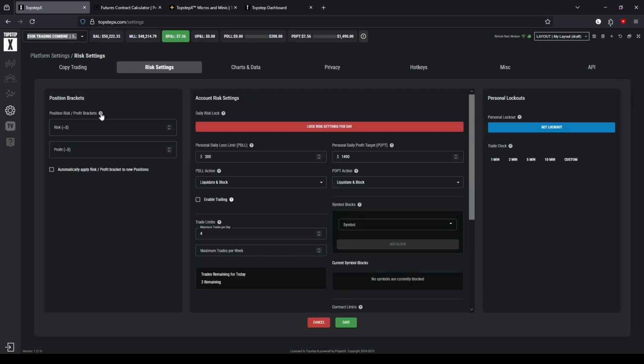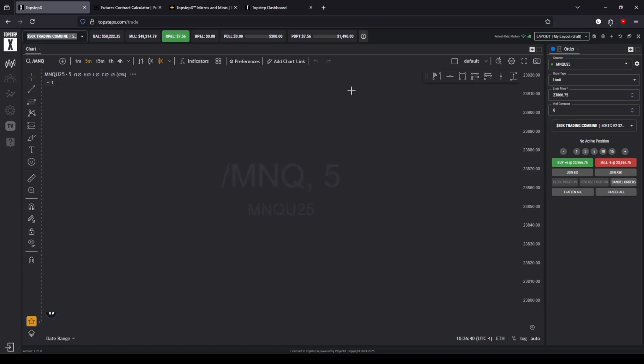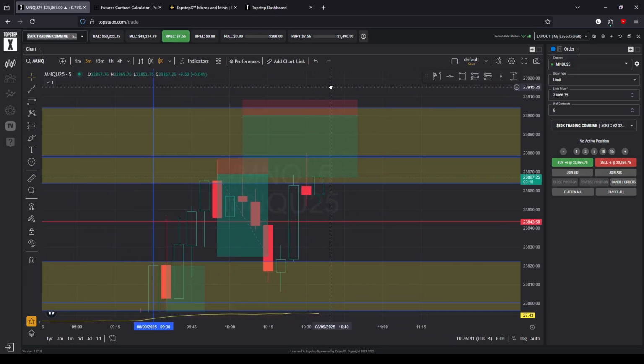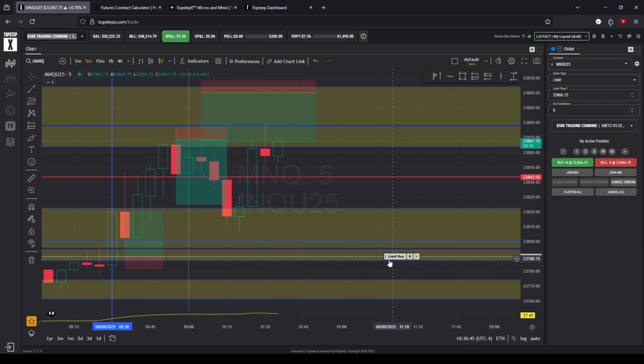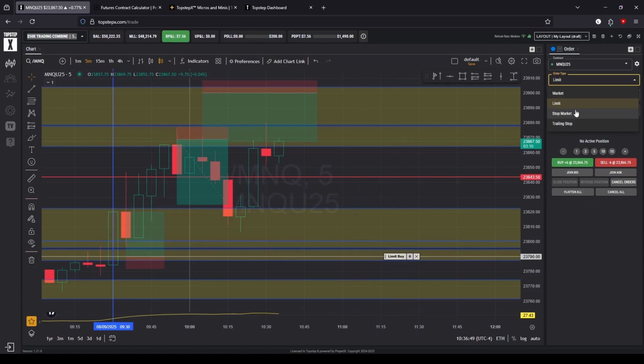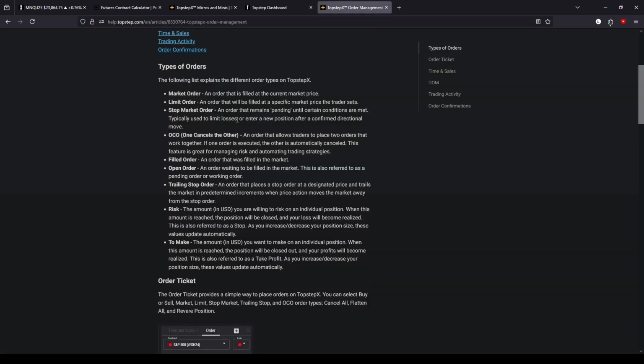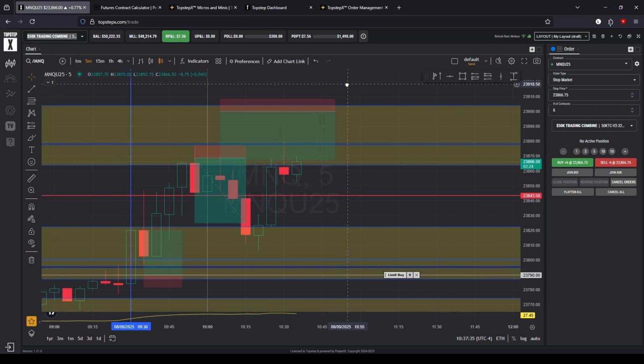Okay, I really want to leave the computer and go and do some things, but I'm confused as to how the limit orders work. If I enter a buy here, I don't know how I can set my stop loss. I'm seeing stop market. So maybe this is what it is. Okay, it says stop market order might be what I'm looking for.